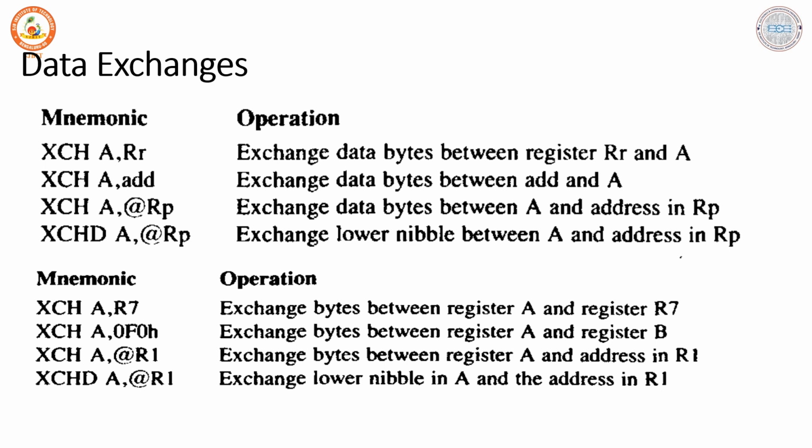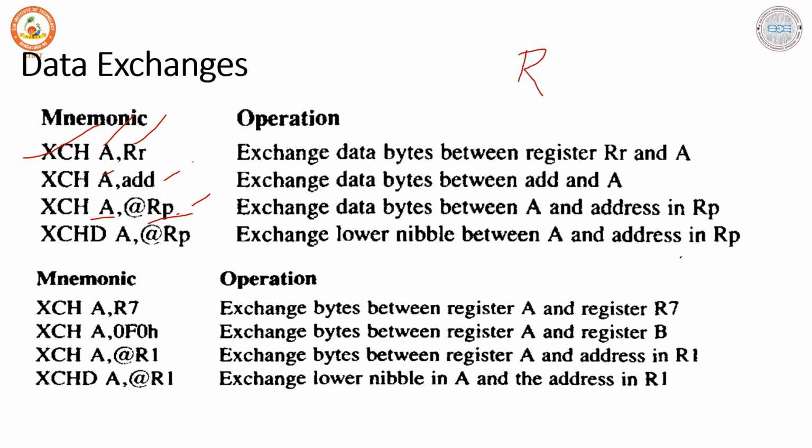We have a mnemonic called XCH, which is basically used for exchanging the content of two different registers, A and R. So it exchanges the data bytes between A and R. Similarly, the content at a specified address location will be exchanged with the accumulator, as in A comma @Rp.